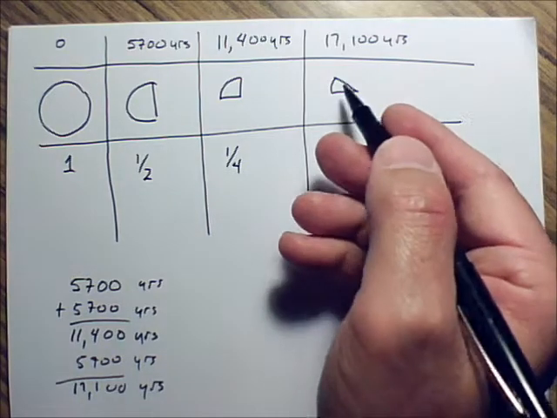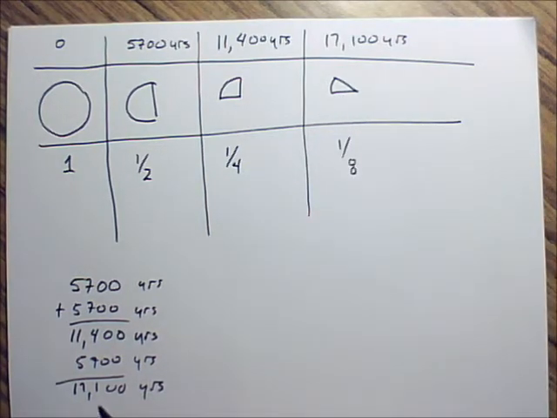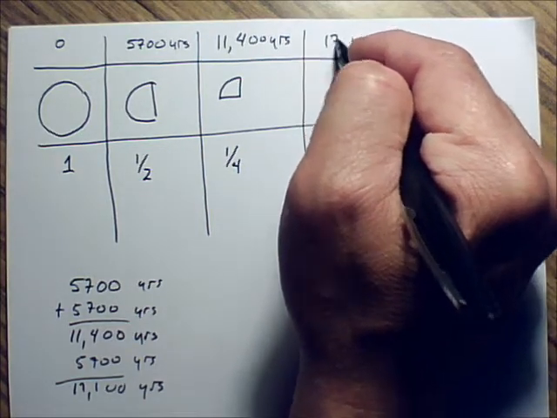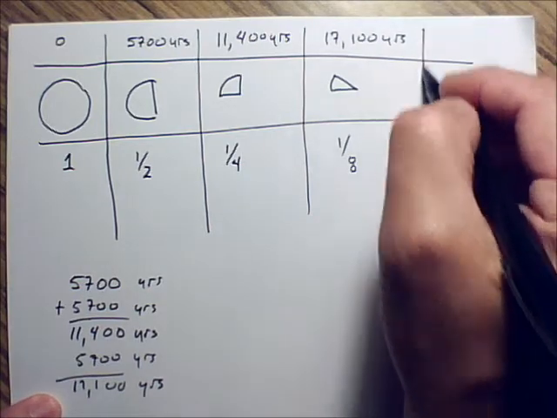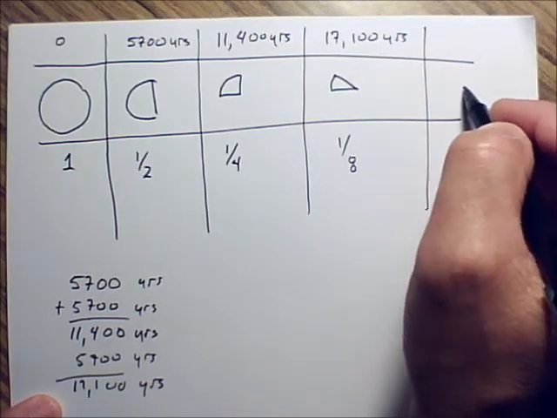And if we went further, we'd have a thinner slice of pie, wouldn't we? But we never completely get rid of the pie. In the next half-life, we'd add 5,700 years, put that number here, and have 1/16 of a pie.